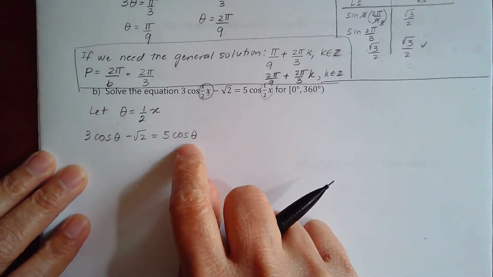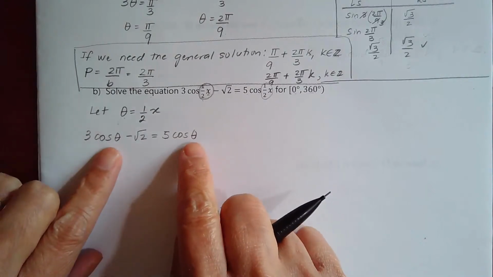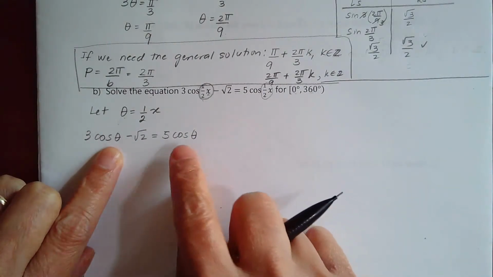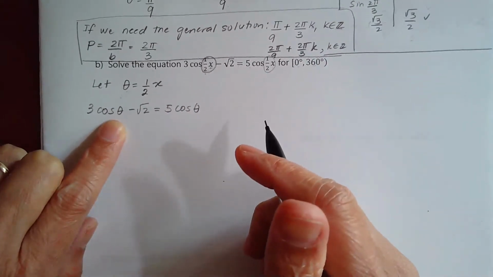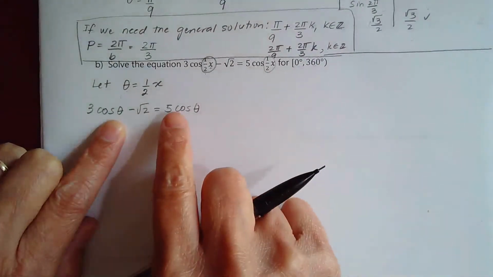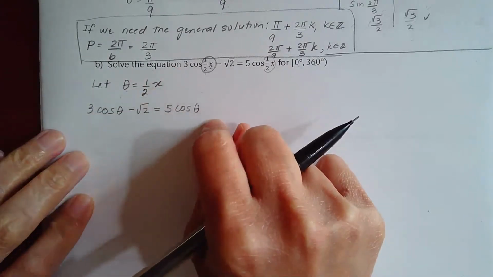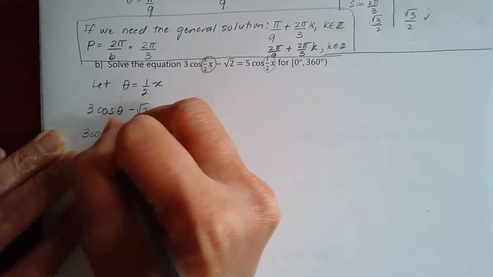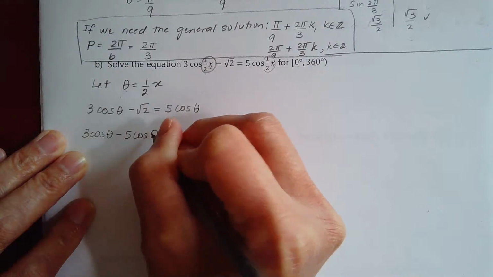When we look at this, it looks like a one variable trig equation, just like what we had in the previous examples. So I'm going to put the cos theta on one side and the number on the other side. So 3 cos theta, now bring this there, negative 5 cos theta equals 2.